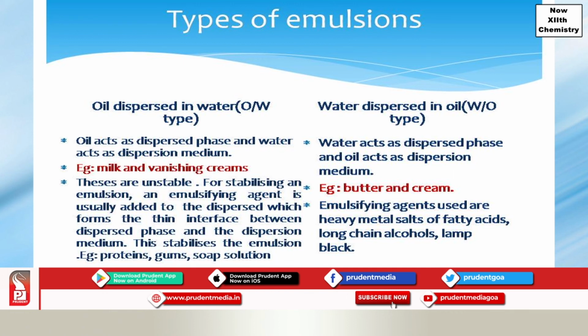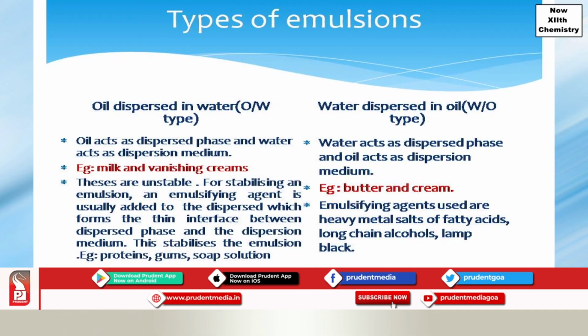The second category is water dispersed in oil or W/O type, wherein water is the dispersed phase and oil is the dispersion medium. Examples of O/W type are milk and vanishing cream, whereas examples of W/O type are butter and hair creams.